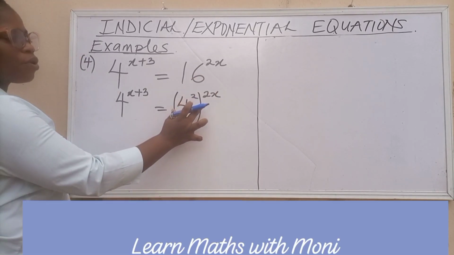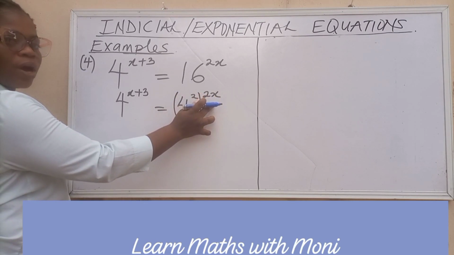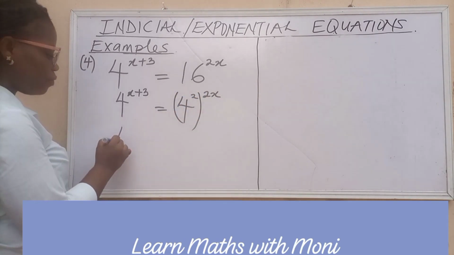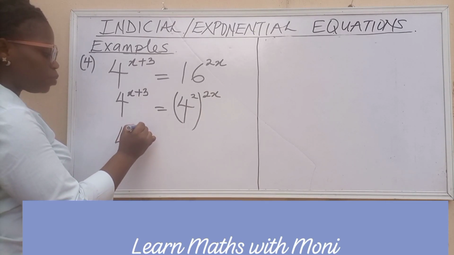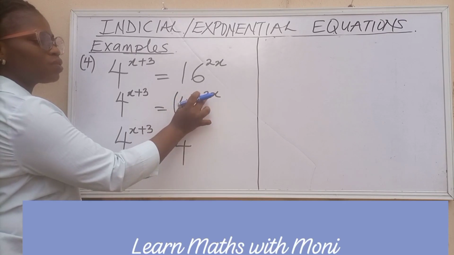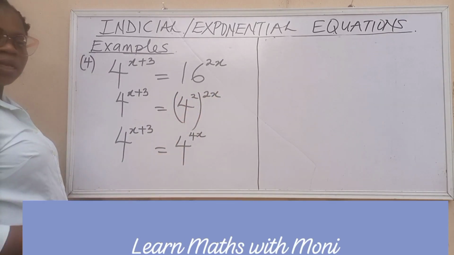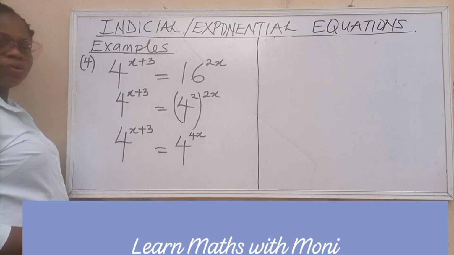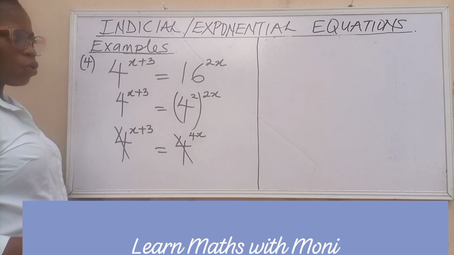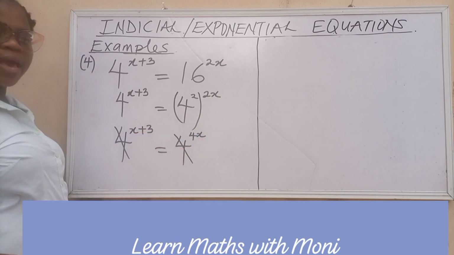Now we have power of power here. When we have a power raised to another power, we simply multiply the powers. So we have 4 raised to power x plus 3 equals 4 raised to power 2 times 2x, which is 4x. Now the bases are equal. We can equate the powers. So equating the powers, we have x plus 3 equals 4x.